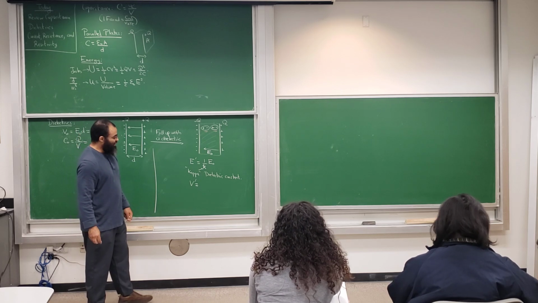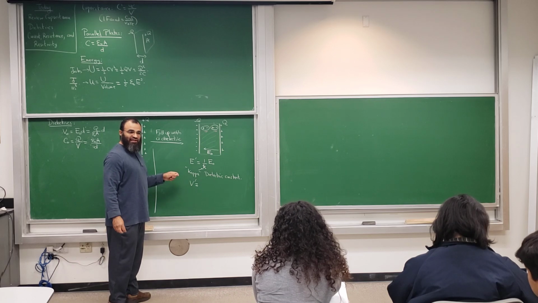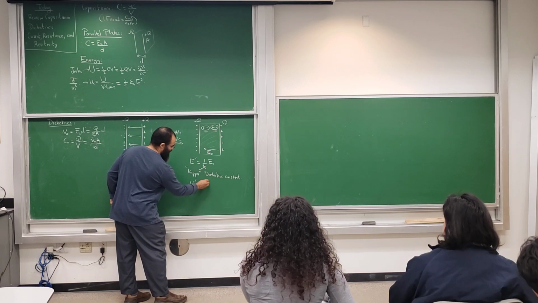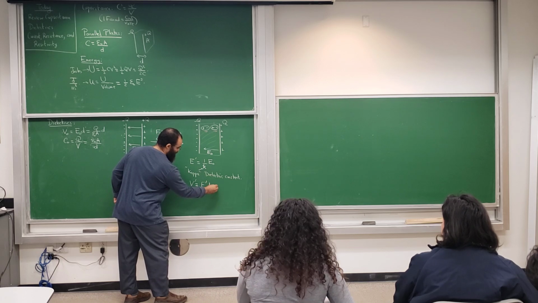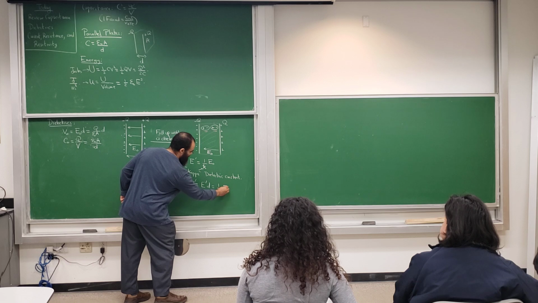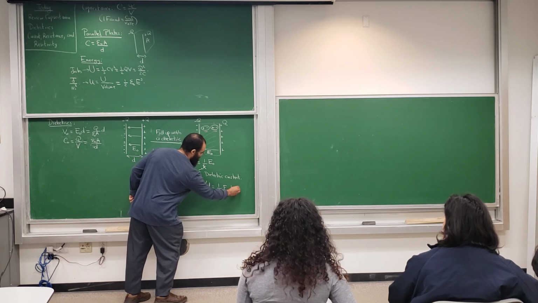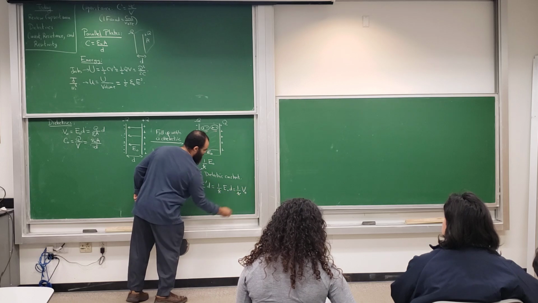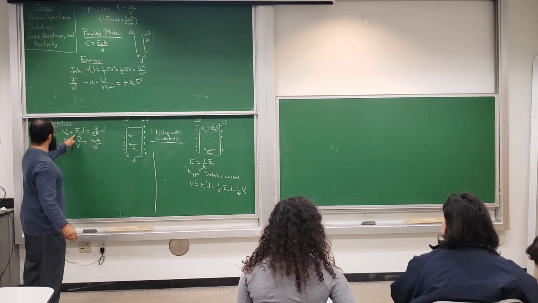By kappa, yeah. Because remember, potential difference is E times D. But now E is no longer E naught, it's E prime times D. And so it's 1 over kappa, E naught times D. And that's equal to 1 over kappa V naught, right? V naught is V naught.